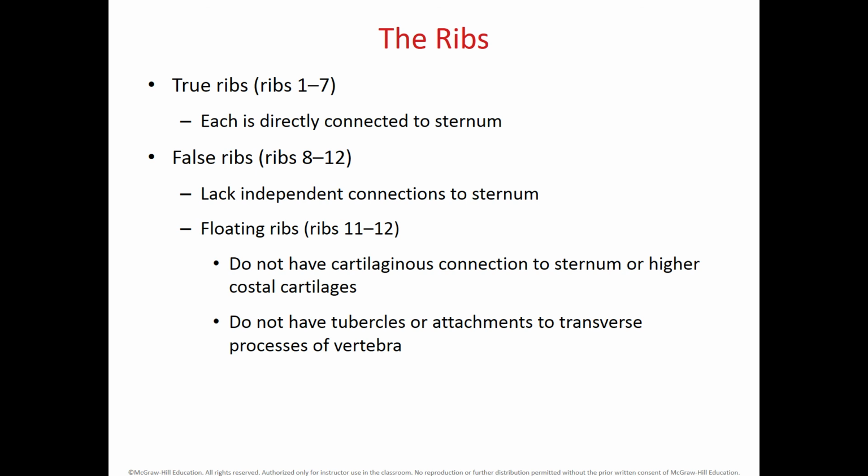So the last pair of ribs, pairs 11 and 12, don't connect at all to the sternum. That's why they're called floating ribs. And ribs 8 through 10, they connect indirectly to the sternum using the costal cartilage of rib number 7. So that's why they're called false ribs.